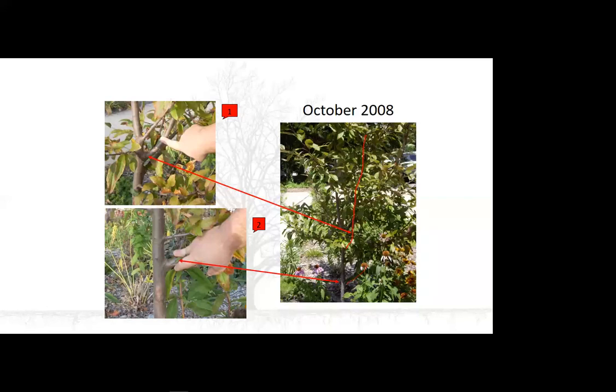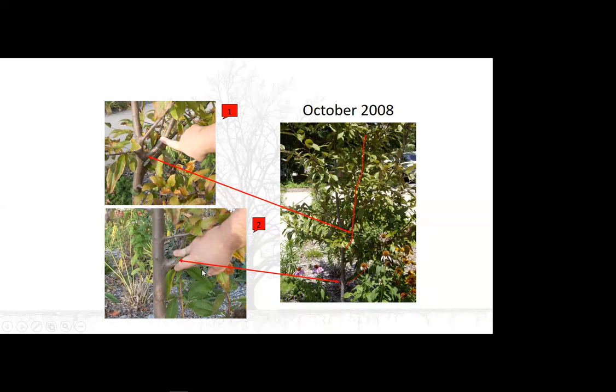I didn't want to give up too much photosynthetic area, too much leaf surface. And it's possible if I could control this branch, I could turn it into a structural branch because it was growing more or less straight up. This one I knew I was going to have to take off because it's growing straight out towards the street. So it was eventually going to have to come off.